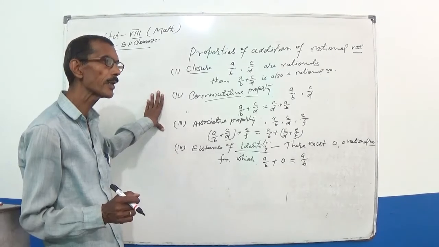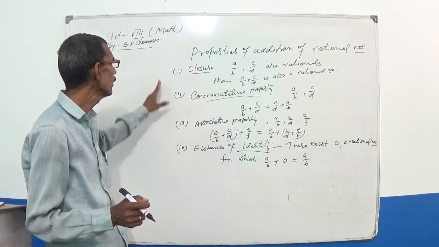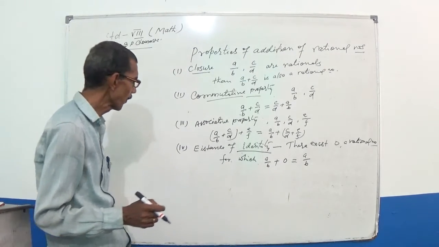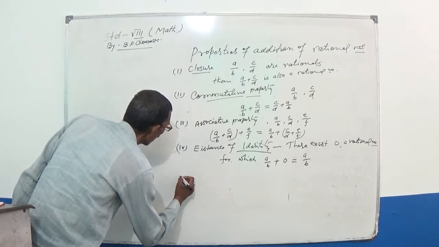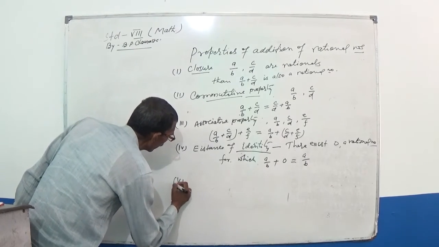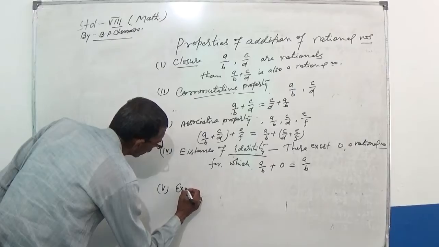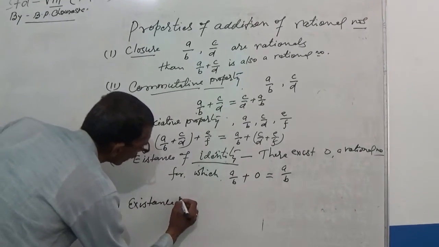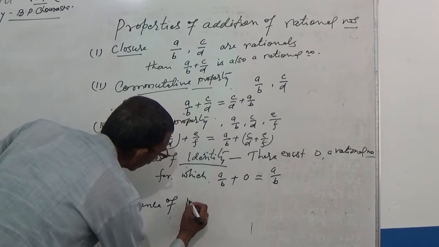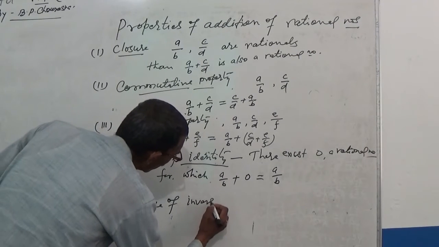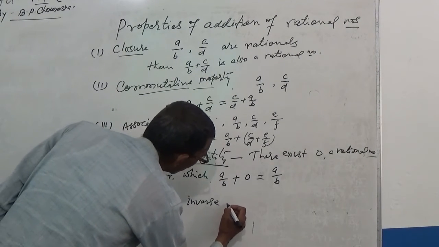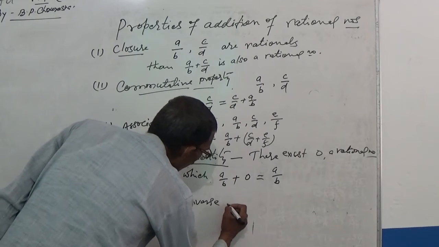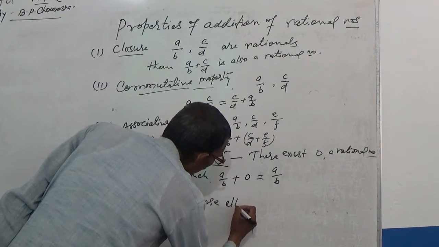You can take any type of example, these rules will follow. And fifth, existence of inverse element.